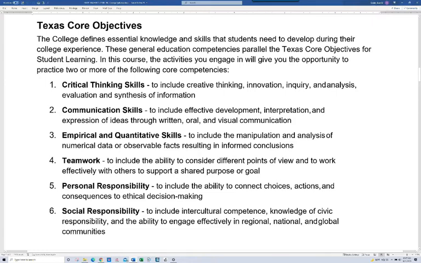These are all skills that we want you to leave with when you go away with a degree here and you go on into the real world. These are all good things, and hopefully you'll be more skillful in these areas when you move on. At least that's our hope.